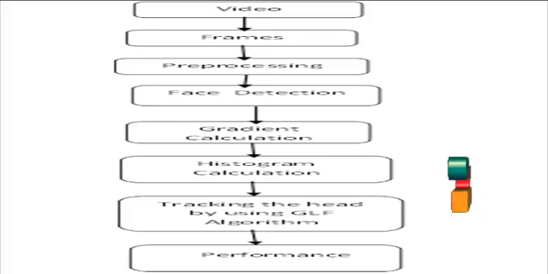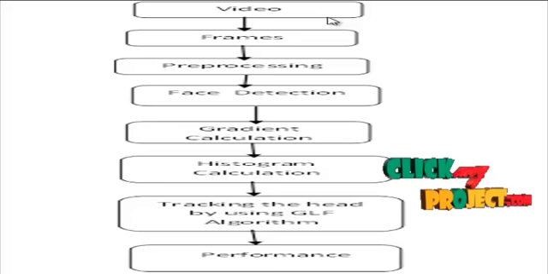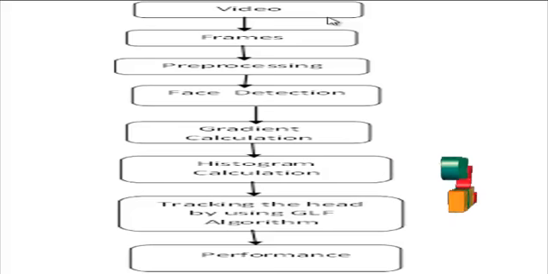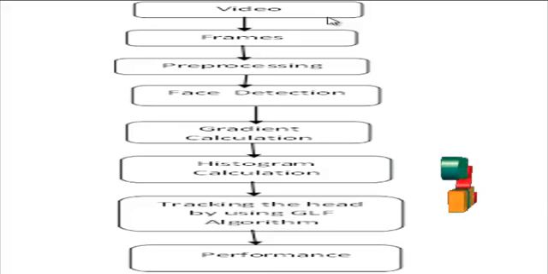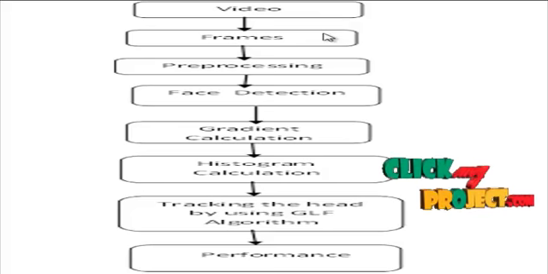In this process, the input video that contains the face images is taken. So the input video must have the face images clearly obtained. After that, the video is converted into frames.